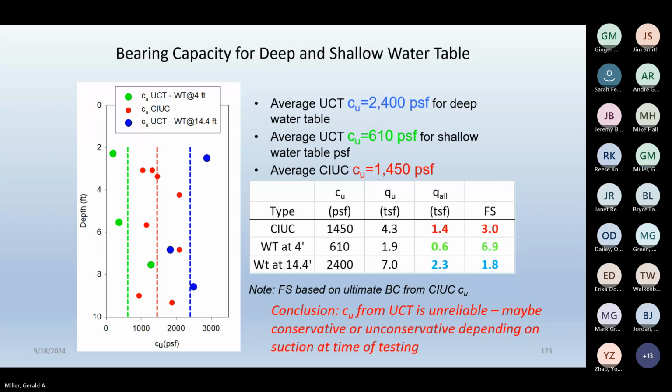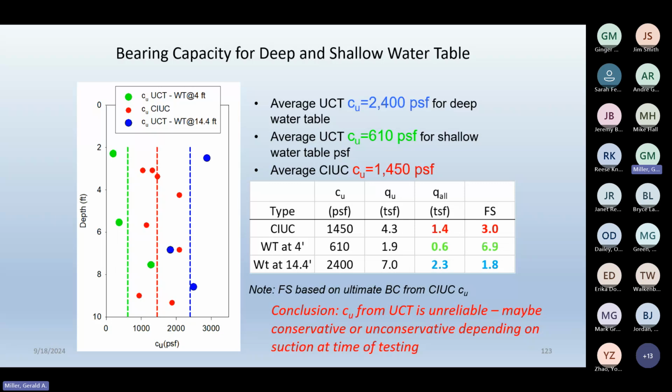Clearly, from a practice point of view, if you're relying on unconfined compression tests to measure undrained behavior in the saturated state, you want to collect your samples during a wet season because those are conservative relative to what I call the true triaxial condition.